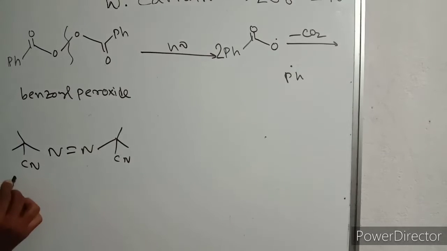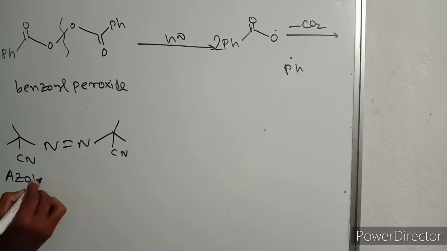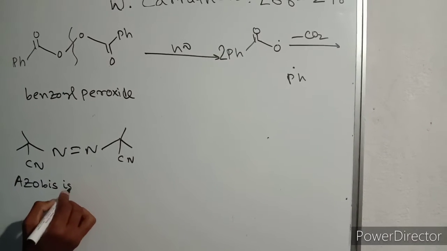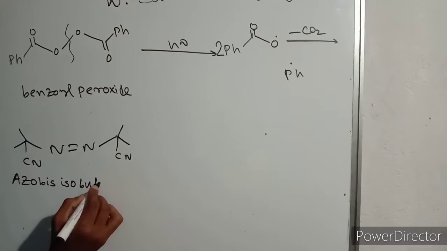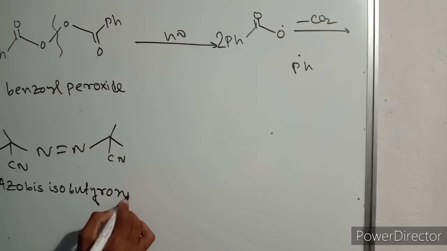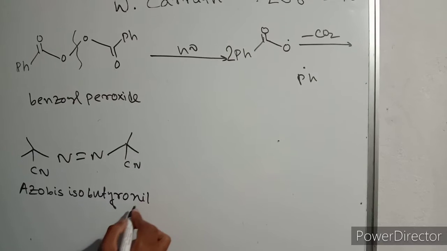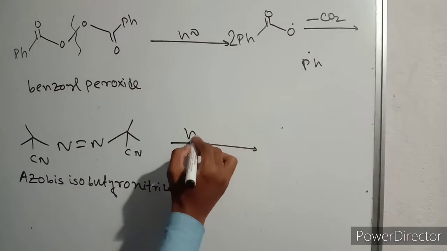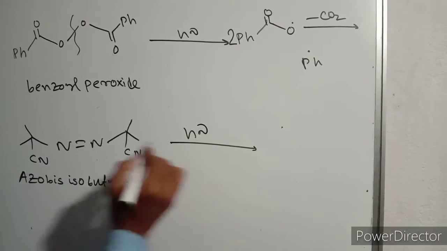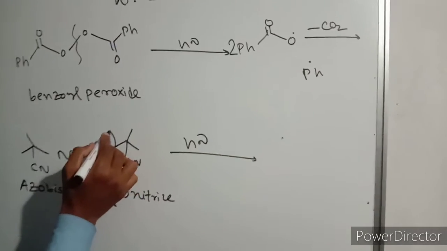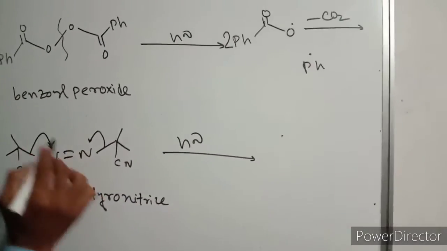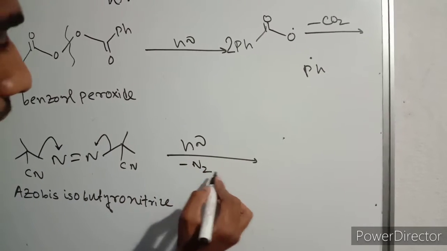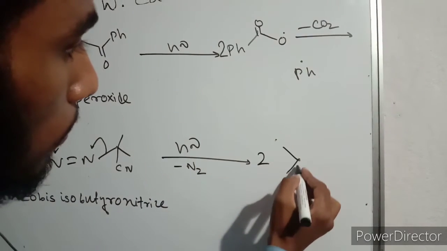This is the structure of azobisisobutyronitrile. If we heat it, what happens? This bond will break and nitrogen gas will be eliminated, and we get two equivalents of radical.